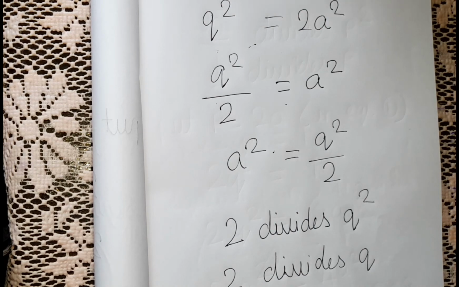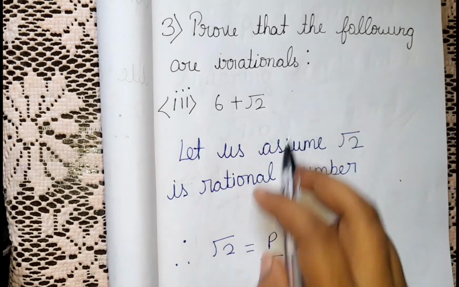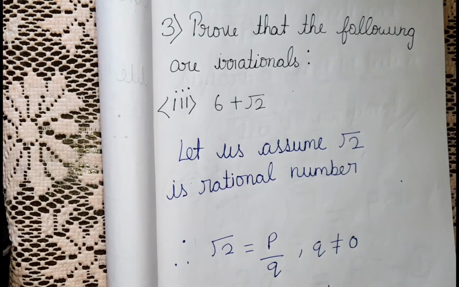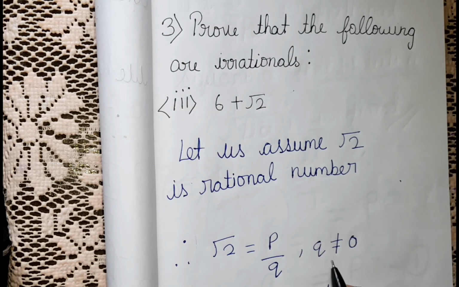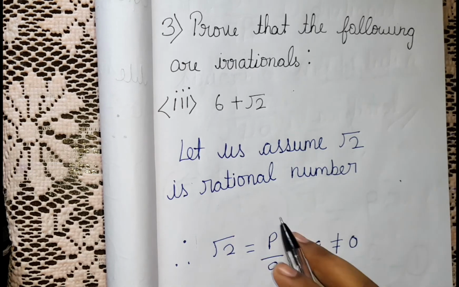Now, let me show that. Here I took rational number instead of writing irrational. That is because a rational number is in the form p by q, where q is not equal to 0. So I wrote rational number, because for getting a proper answer we took rational number.